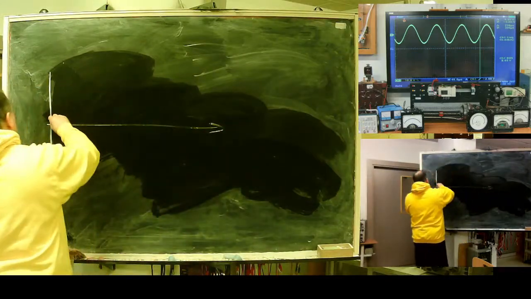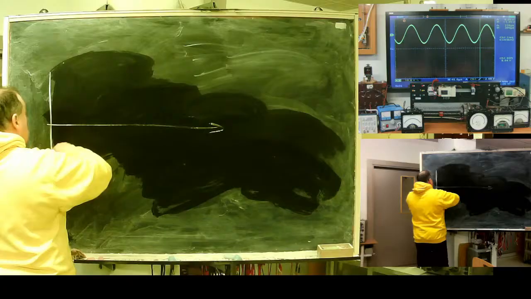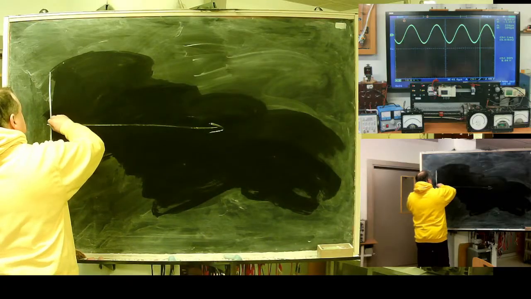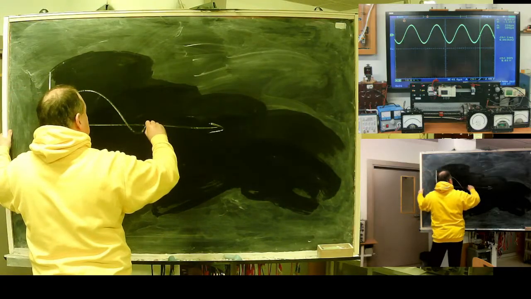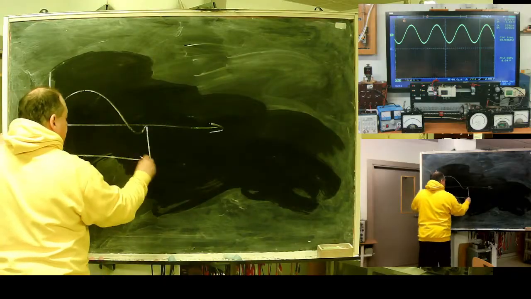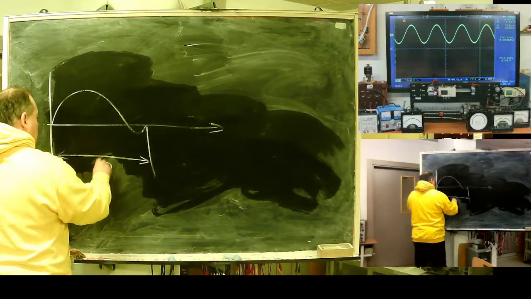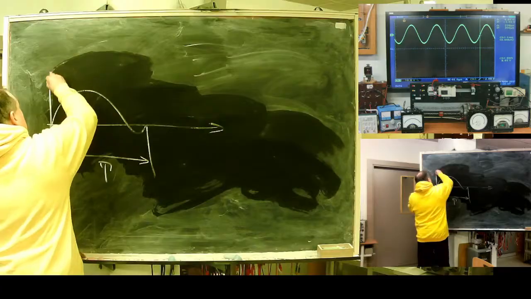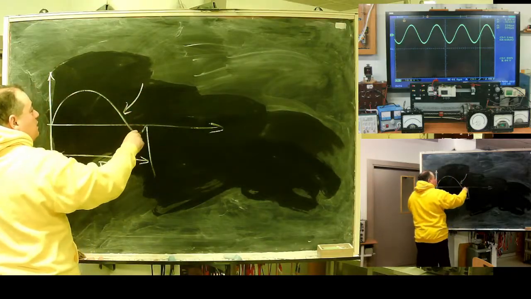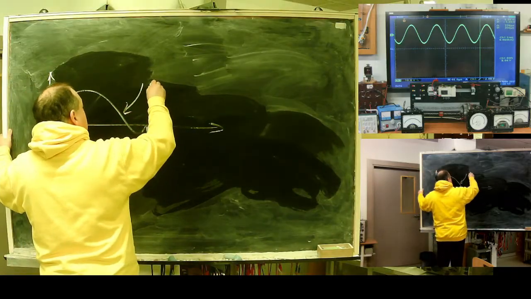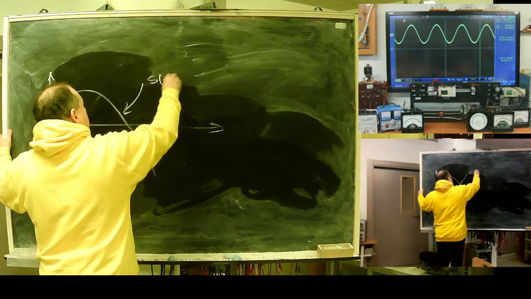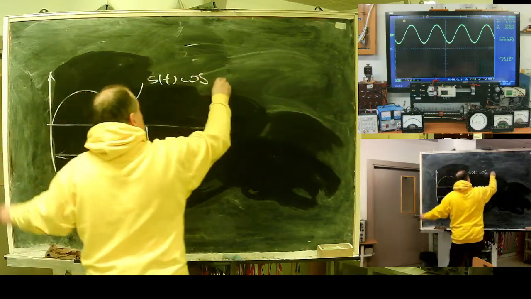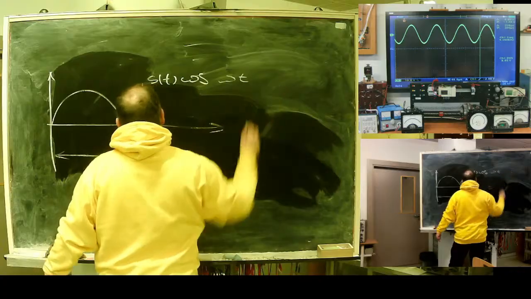For example, maybe something like this. Here's my one period. This white line is cosine omega and so on.